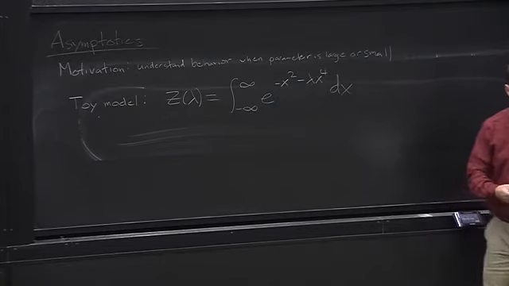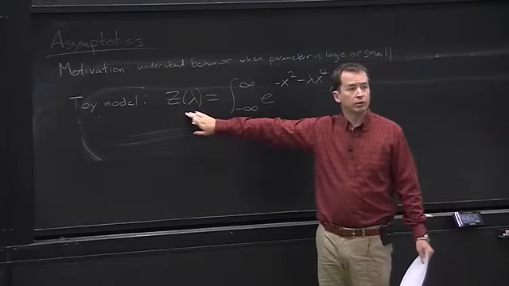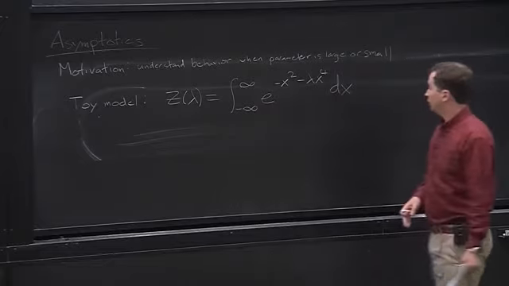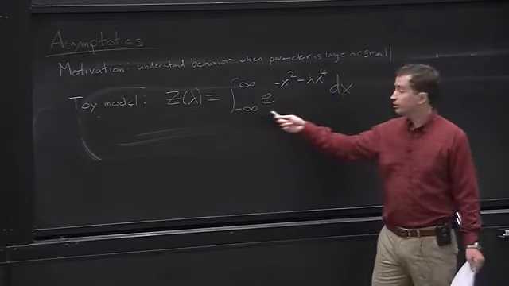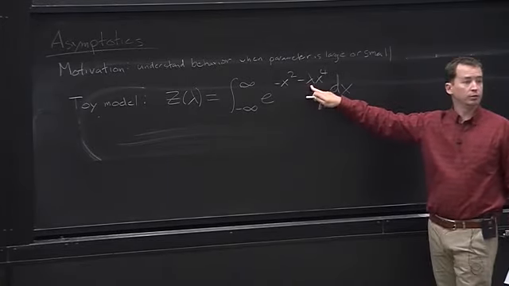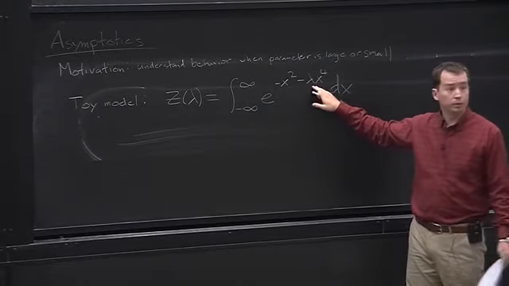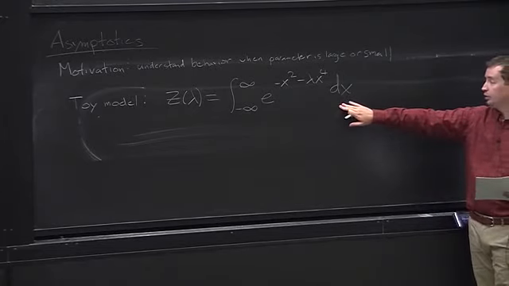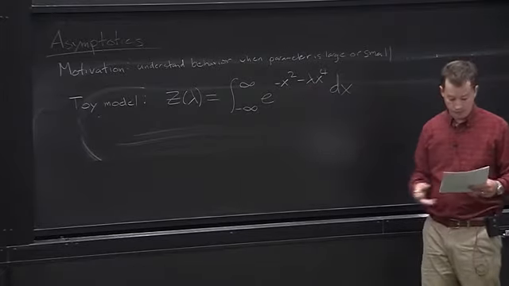The idea is basically the same. A problem we'll often be interested in, in quantum theory or quantum field theory, is approximating integrals like this, often when this parameter lambda, which will have the interpretation of a coupling constant, is small. So let's try to approximate this integral, assuming lambda is small.